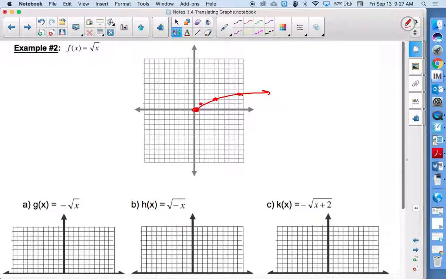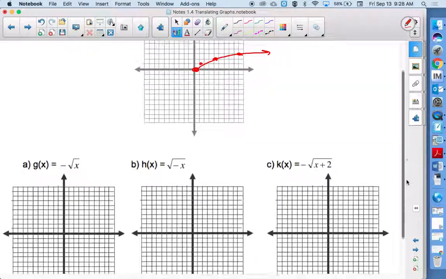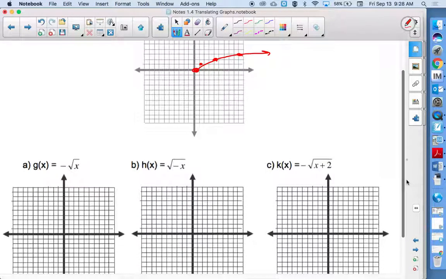So looking at letter A, we have a negative and then the square root of x. How would that change our original graph? Hannah. It would be a reflection of the x-axis.